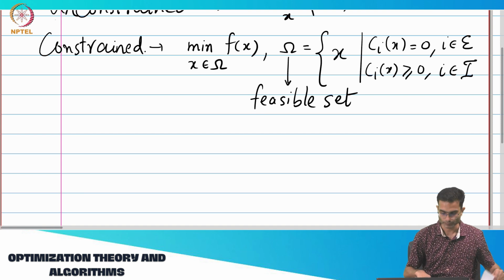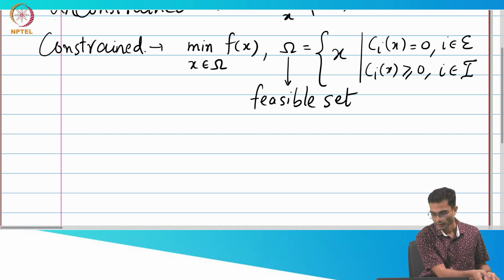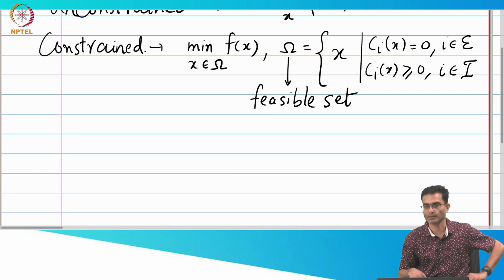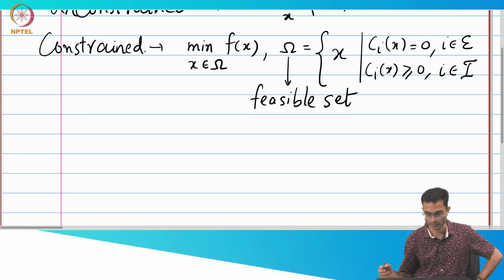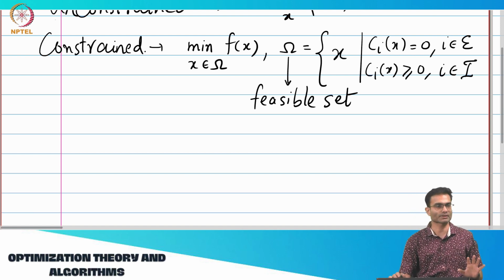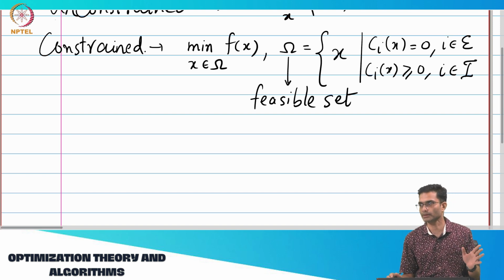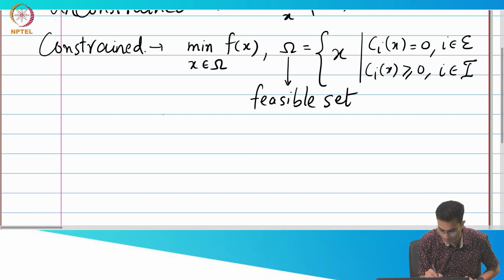Okay. Having done this, now we'll start with our explanation of the simplest kind of problem, which was equality constraint. One equality and the rest is constraint.